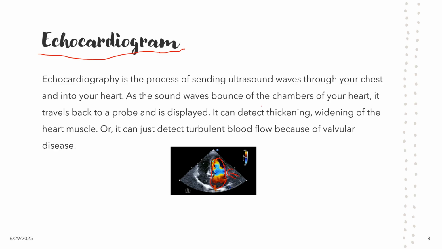That can also indicate valvular disease. It can also indicate the thickening of the chambers of the heart and the enlargement. So that is able to diagnose diastolic from systolic heart failure.